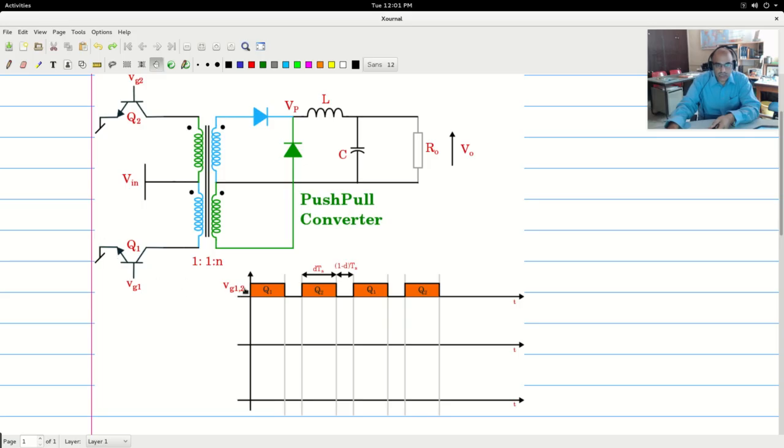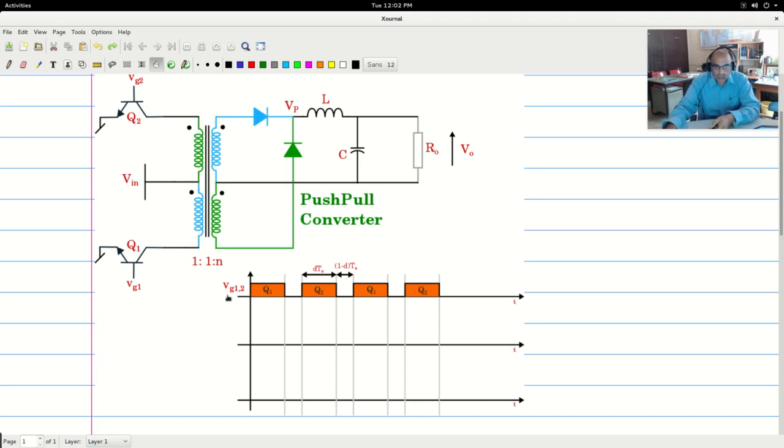VG1,2 is what I've indicated, meaning both VG1 and VG2 are given on the same timeline. Right now I will not explain this for the moment, just leave it at this. What is this DTs and (1-D)Ts, I will explain later.